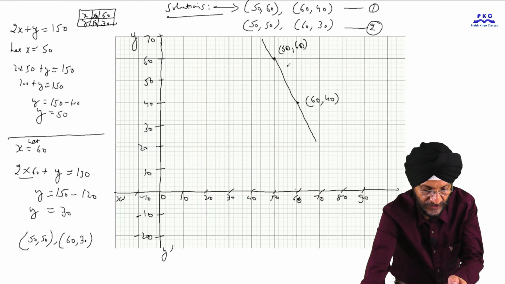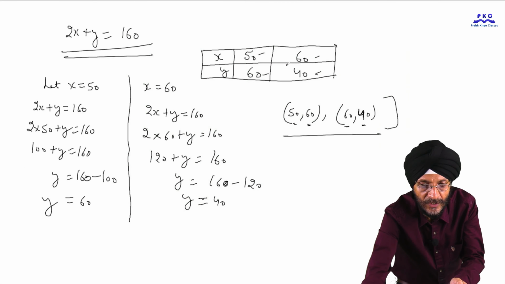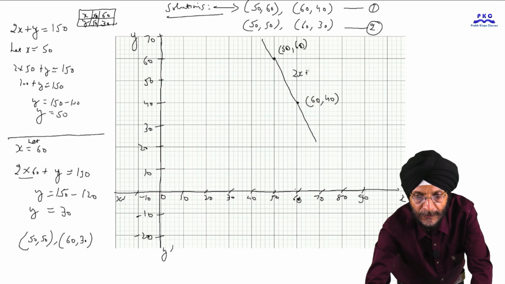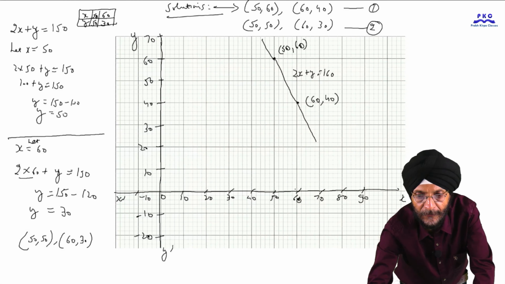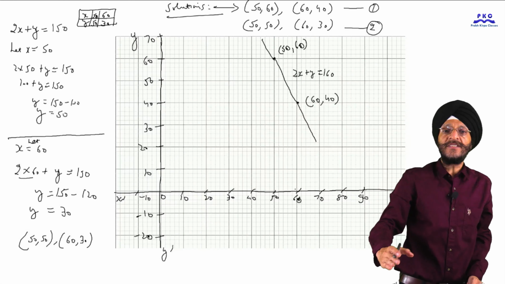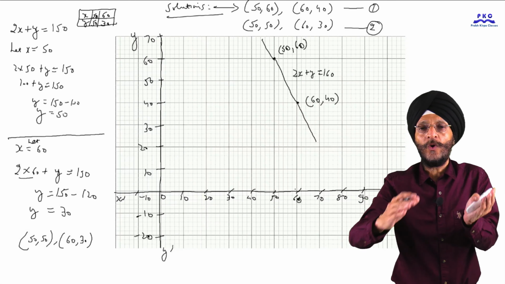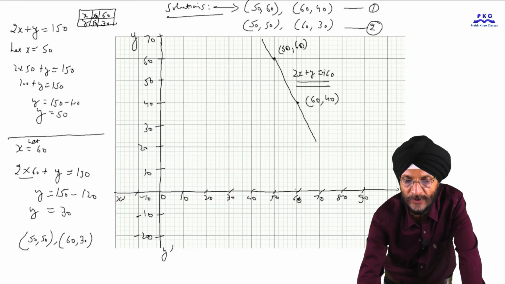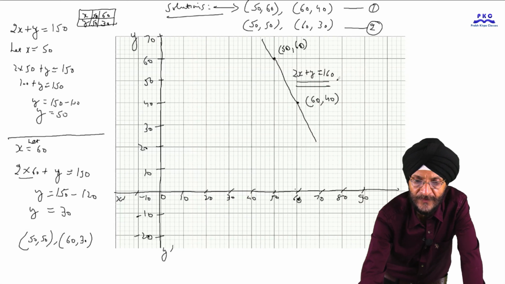What is the equation? The first equation is 2x plus y is equal to 160, because it will reflect that this straight line, or graphical representation, has been formed in respect of this equation, 2x plus y is equal to 160.